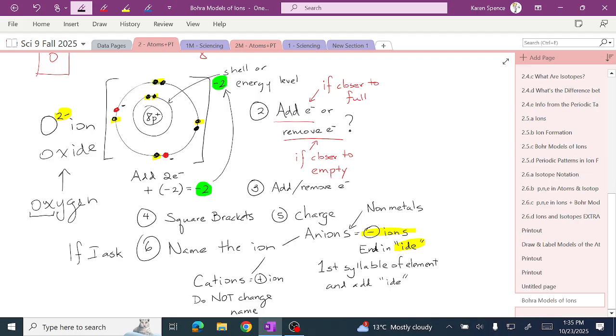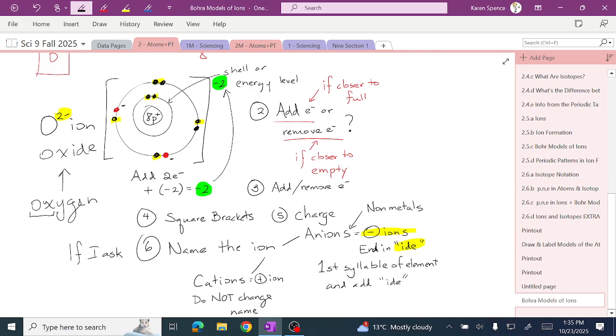Well, it would need to either gain 4 or lose 4. So it's halfway. And it actually does tend to do that thing where it shares electrons. So I'm never going to give you a carbon ion because carbon does not tend to form ions. It has a tendency to just share its electrons so it doesn't become positive or negative. And we'll worry about that later.